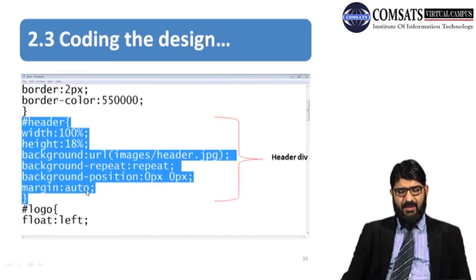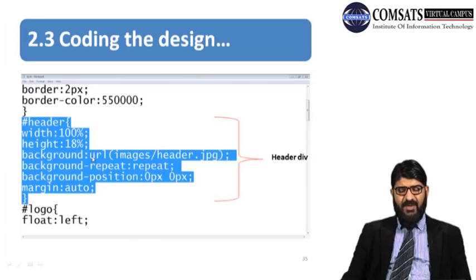Now let's see the header div. The header div is started with the width given as 100% for the header, and height given as 18%. So the values are given in terms of percentage over here.